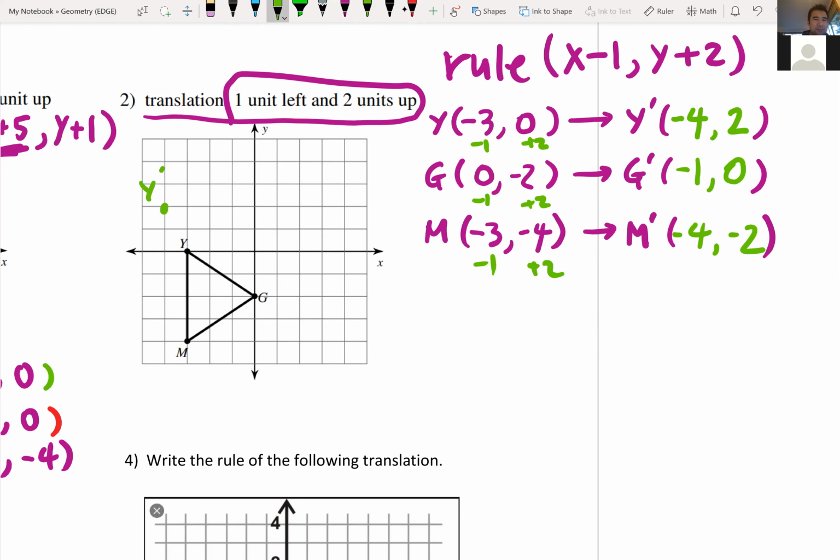G prime is negative 1, 0. M prime is negative 4, negative 2. Is it still the same triangle, except it's been shifted? Yeah, it looks pretty good to me. So you know that you've done it correctly.